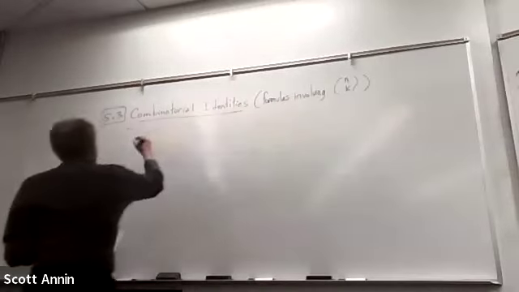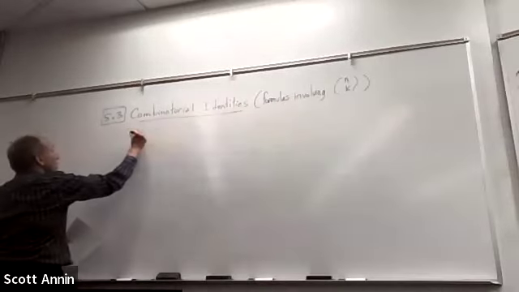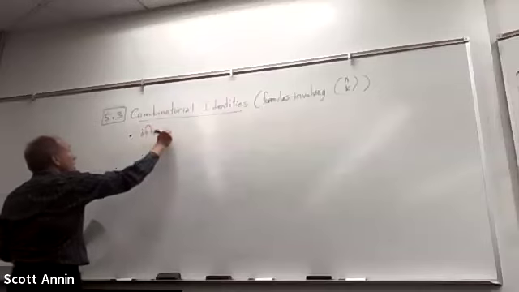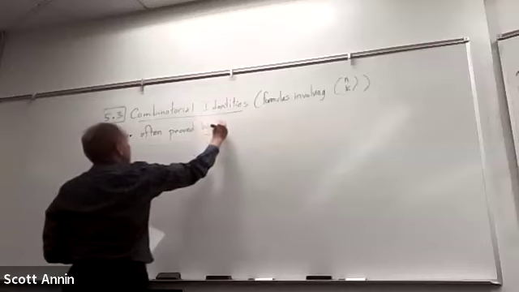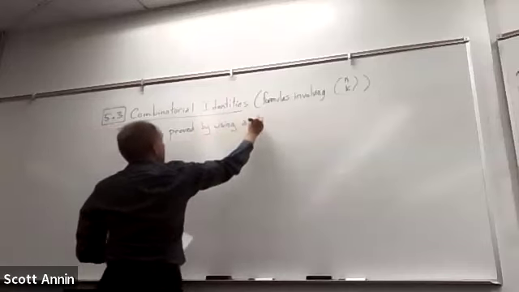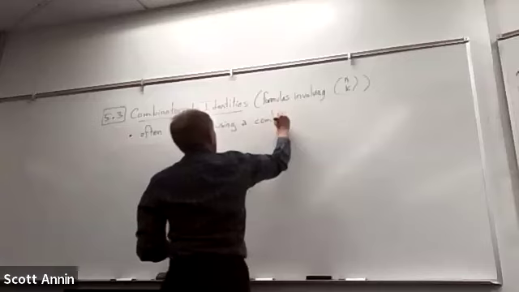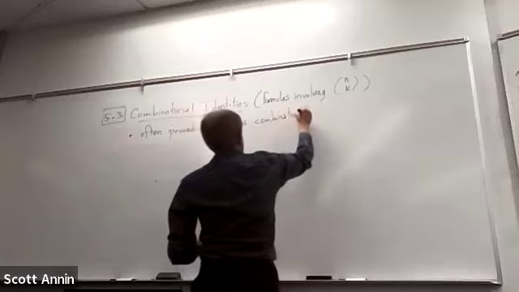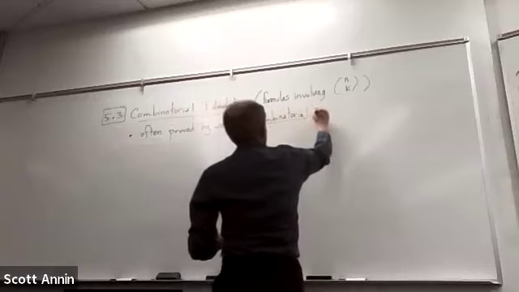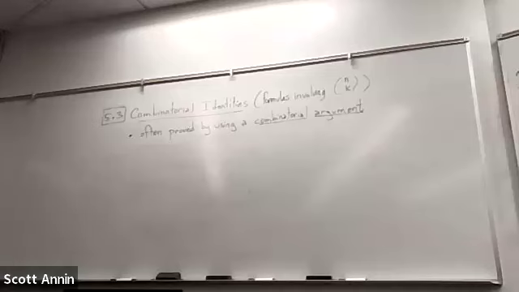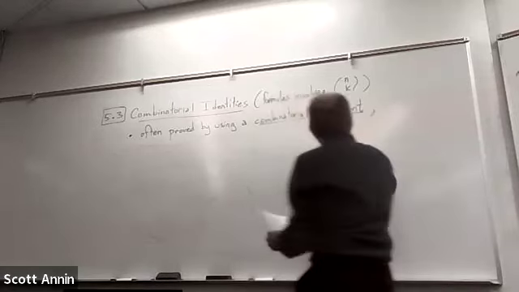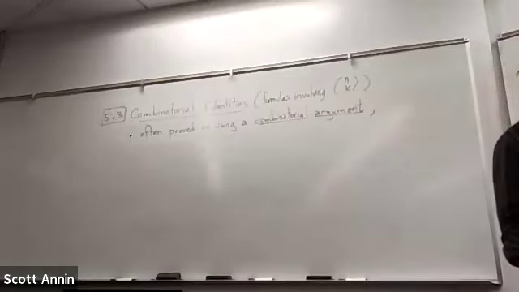And these are often proved by using a combinatorial argument. I'll just underline that. We often like to prove combinatorial identities by using a combinatorial argument, and I mentioned this already last time what this is.